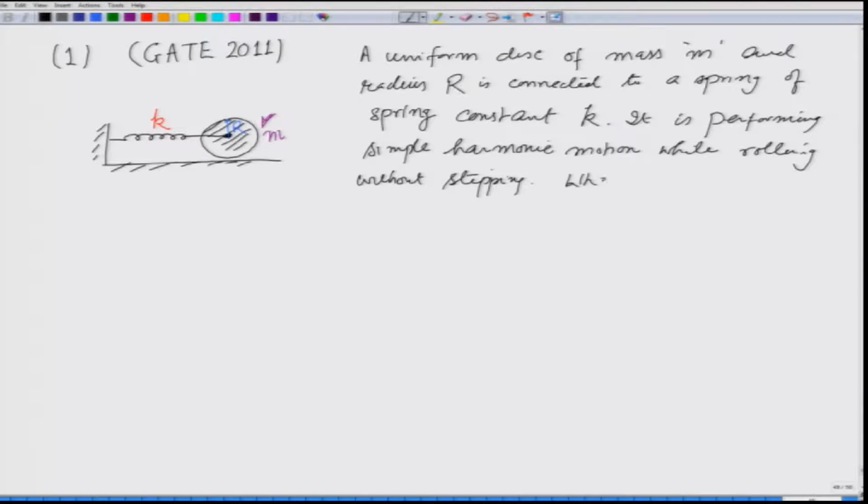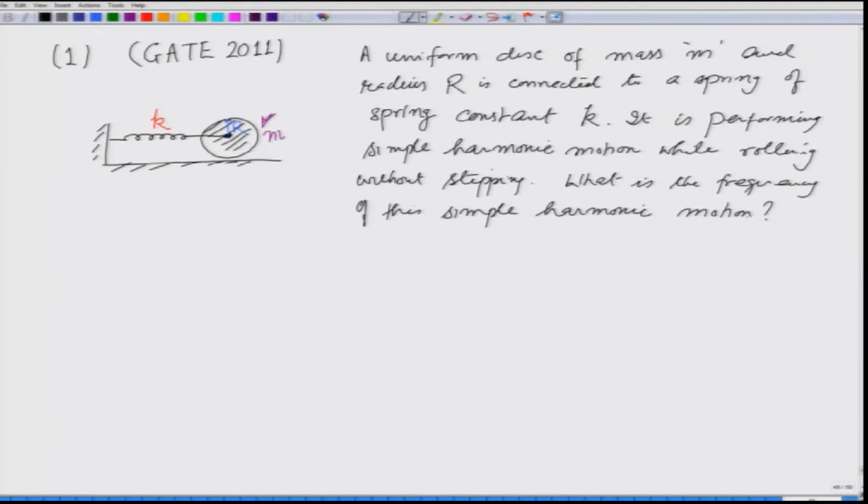What is the frequency of this simple harmonic motion? So, let us see.